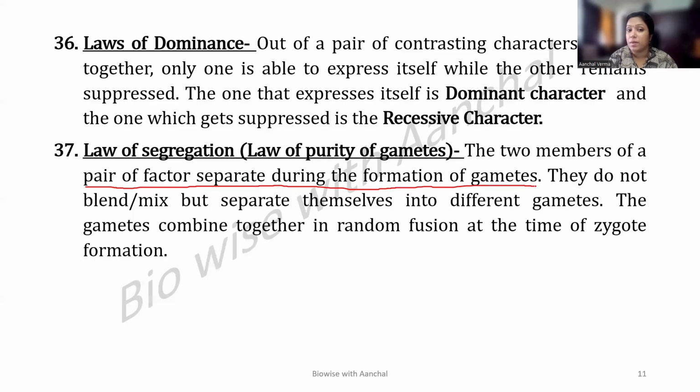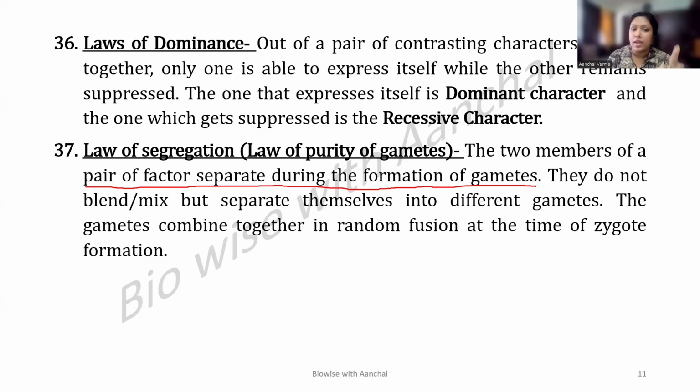They do not blend or mix themselves into different gametes. They are totally independent to go into the gametes. And the gametes combine together in random fusion at the time of zygote formation. That is why the reappearance of the recessive trait in the F2 can be explained on the basis of law of segregation, the law of purity of gametes.